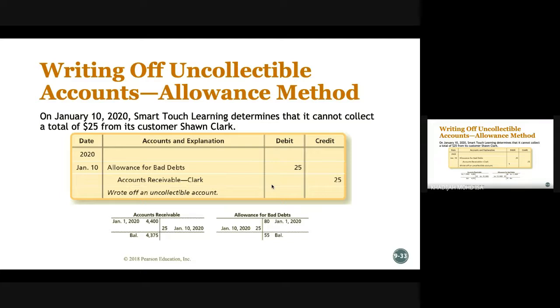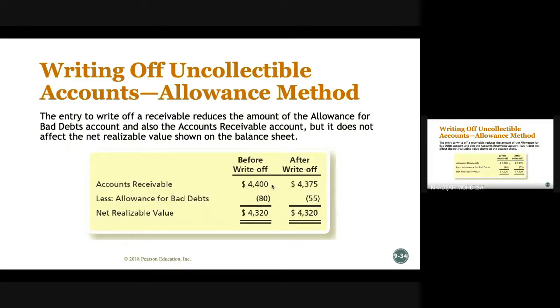So you have reduced your accounts receivable. It means that you know, okay, I'm not going to receive from accounts receivable. That's why my balance is 4,375. But now suddenly when there's a recovery, your customer comes and pays you, then you have to create it again, put in the amount that they are paying into the accounts receivable.